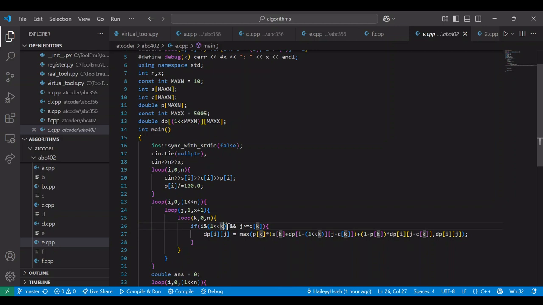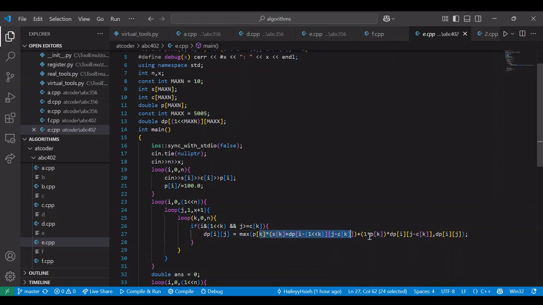And we need to check this because a part of the transition is from not getting the question correct to getting the current question correct. So it needs to be from some question that's already included in i.